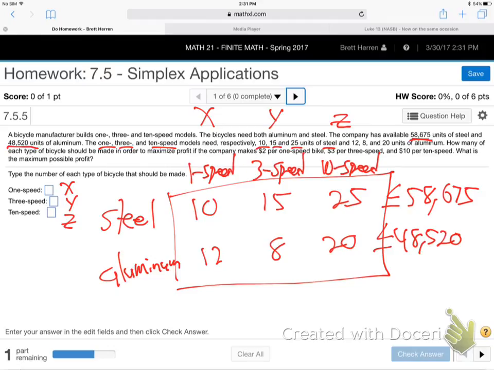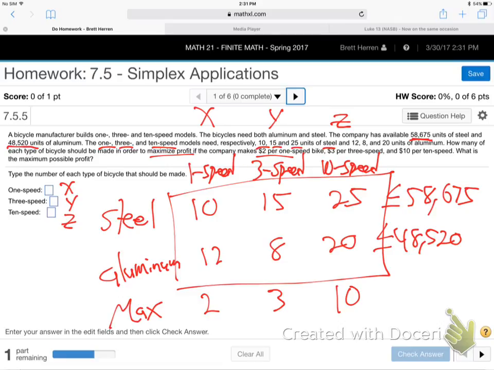And then the other one is what we're supposed to maximize. What are we supposed to maximize? It's $2 per bike, because they want to make max profit. Maximum profit: $2 per 1 speed, $3 per 3 speed, $10 per that. That's what you want to max.